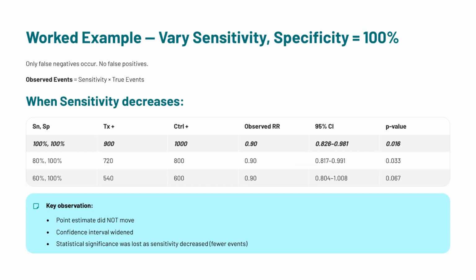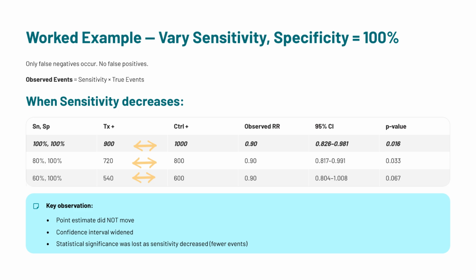So let's see what happens to our treatment effect when the outcome is measured with some error. For now, we keep specificity at 100%, so there are no false positive cases being captured by our algorithm. But let's vary the sensitivity from 100% to 60%, meaning we miss 0% to 40% of our events.